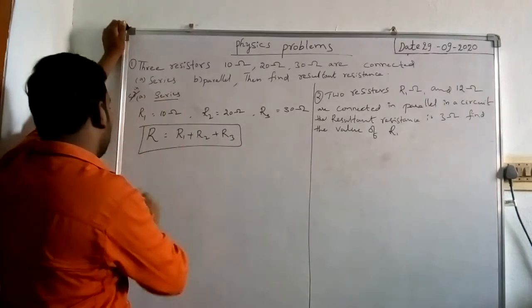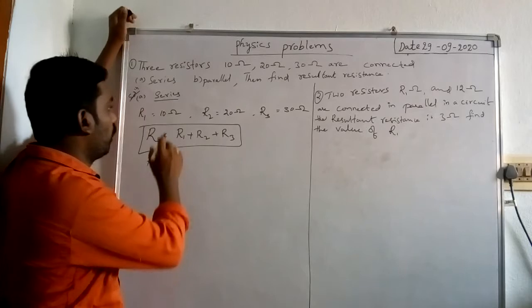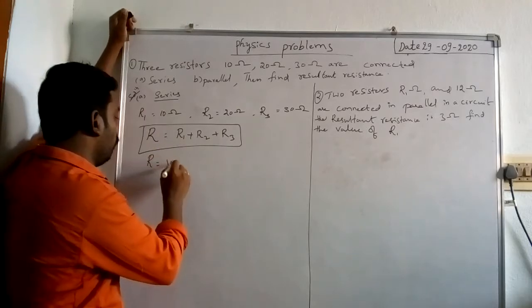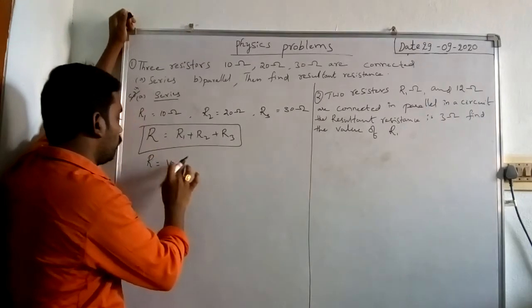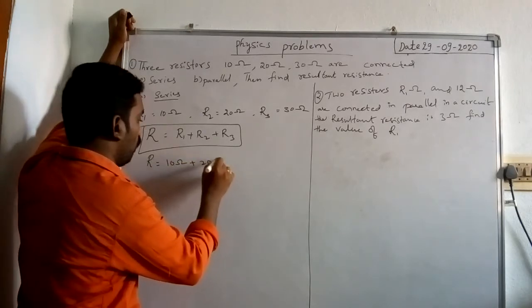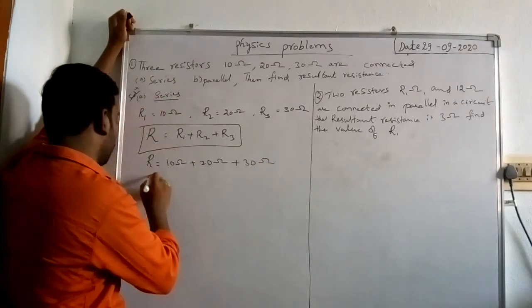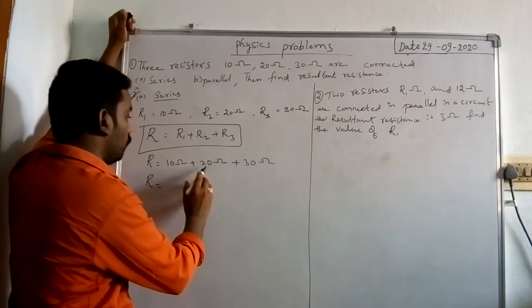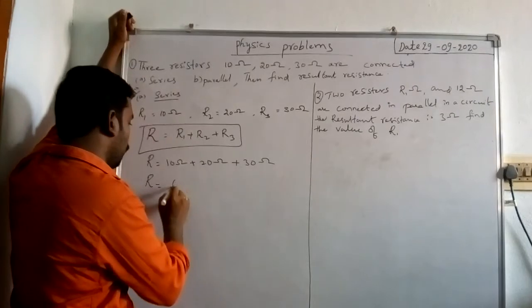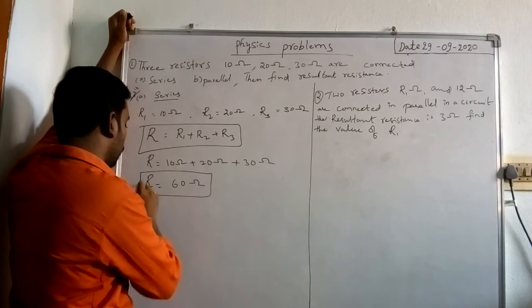In series, R equals 10 ohms plus 20 ohms plus 30 ohms. How much? 10 plus 20 is 30, 30 plus 30 is 60. 60 ohms is the resultant resistance.